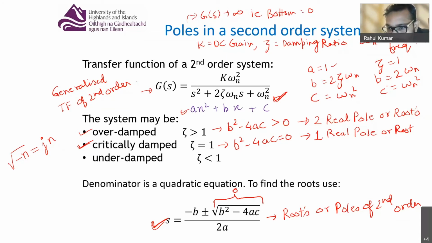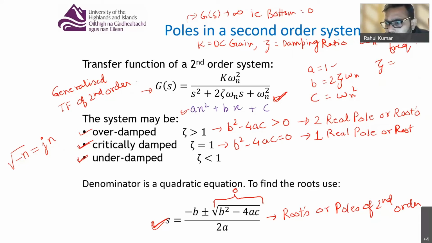Now let's take the third condition, the last one, underdamped condition. For underdamped, zeta should be less than 1. That means we can take any value less than 1, let's take 0.5, 0.2, something like that.